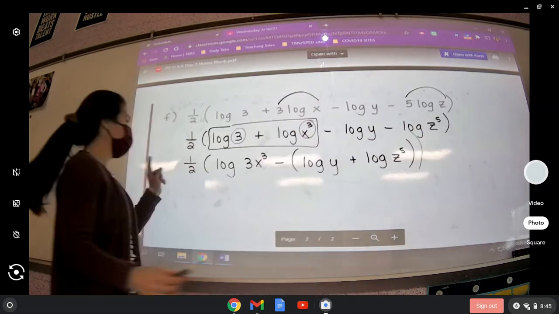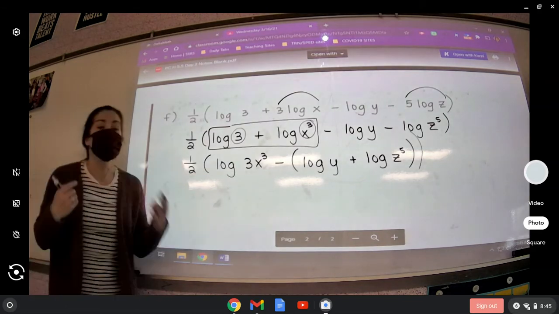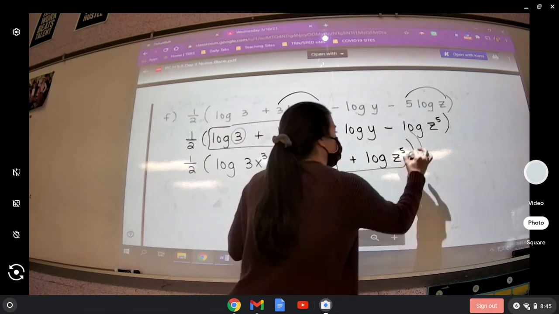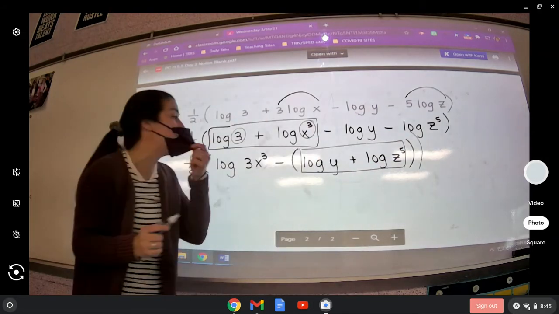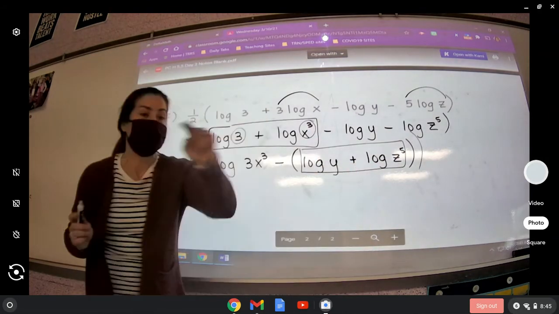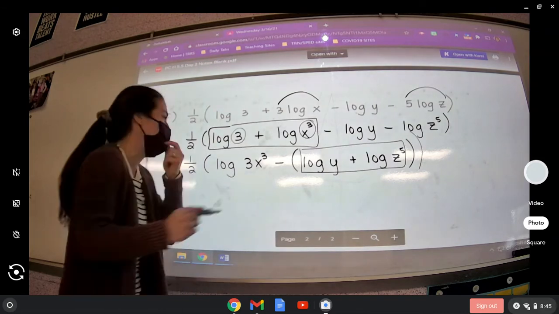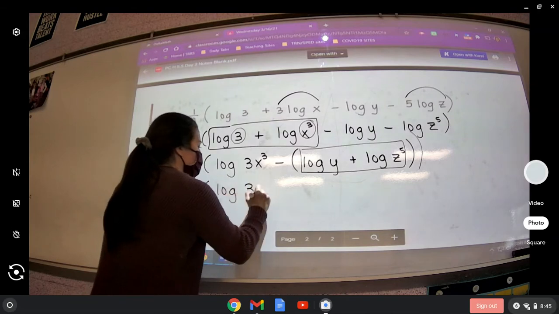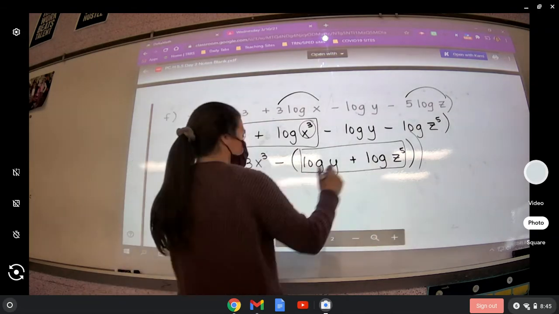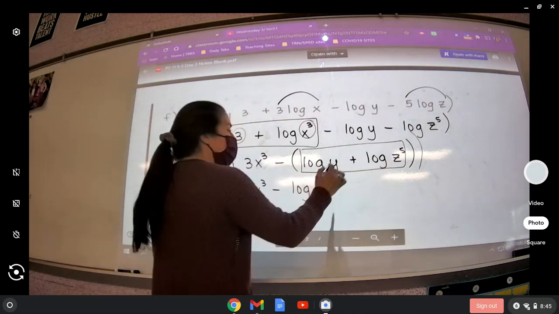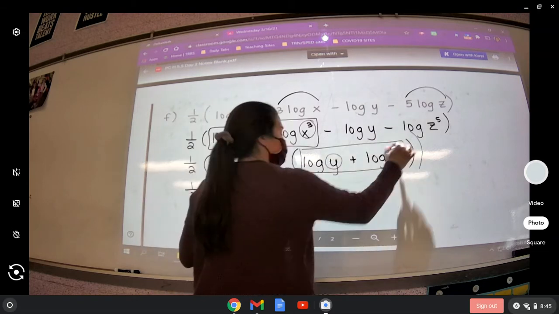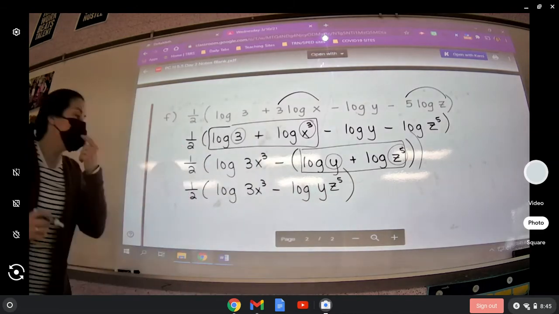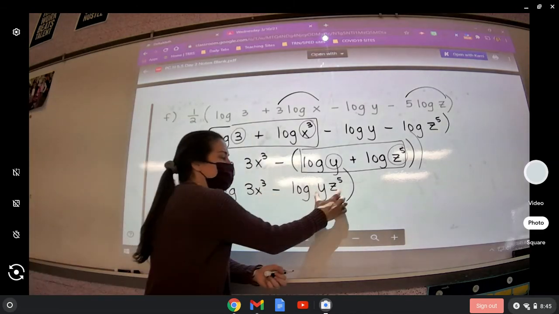And we still have another parenthesis from over here. All right, so now by factoring out that negative, you're going to be forced to put these 2 logs back together first using multiplication since now they're separated by addition. So now we're going to have 1/2 times the log of 3x to the 3rd minus, let's put these 2 back together. It'll be the log of this times this. So now they must have been attached.